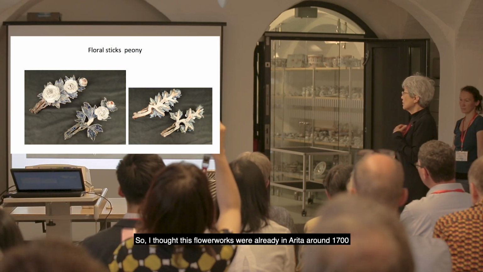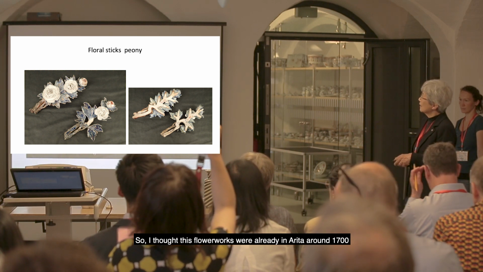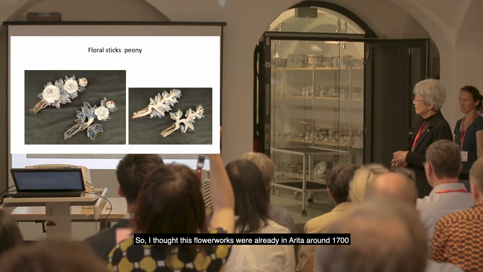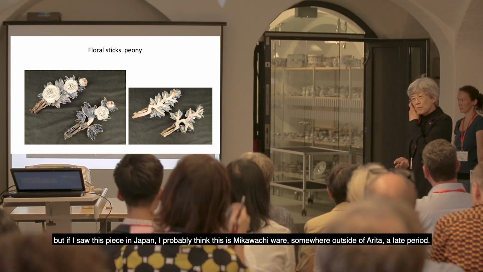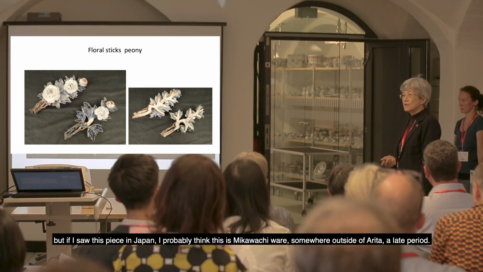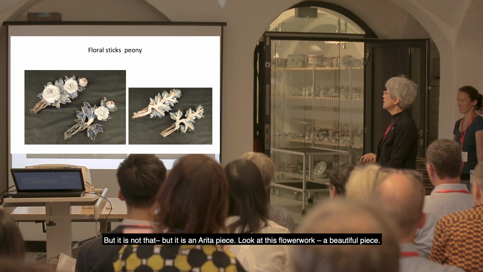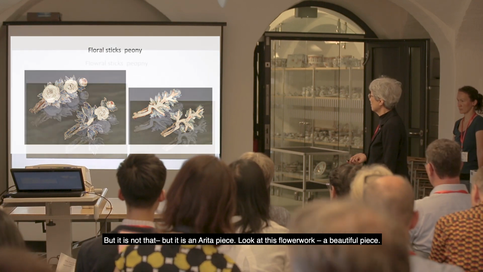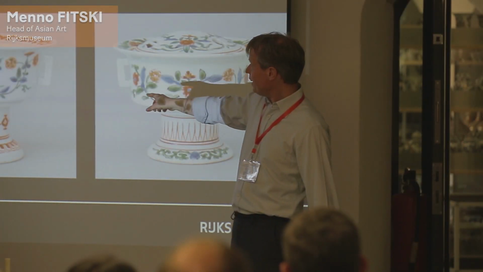So I thought these flower works were already in Arita around 1700. But if I saw this piece in Japan, I would probably think it was Mikawa, somewhere outside of Arita, or a late period. But it is not that, it is probably an Arita piece with this flower work. This I find very interesting.